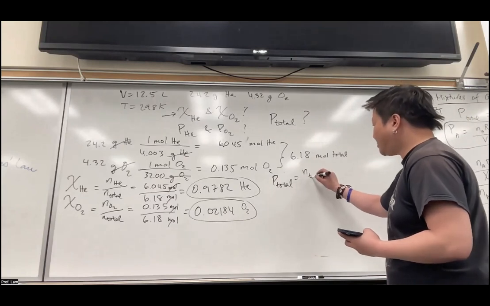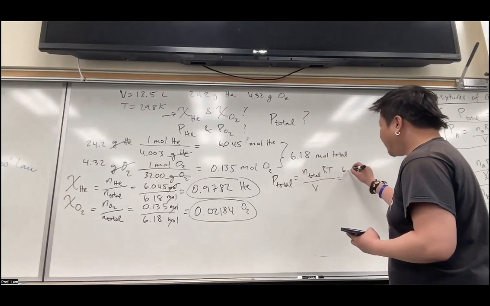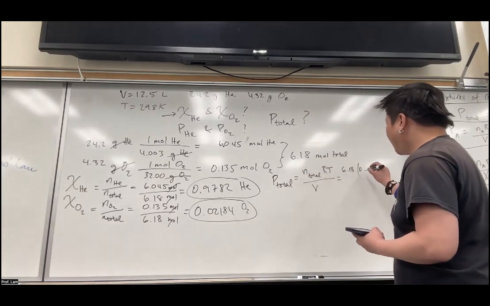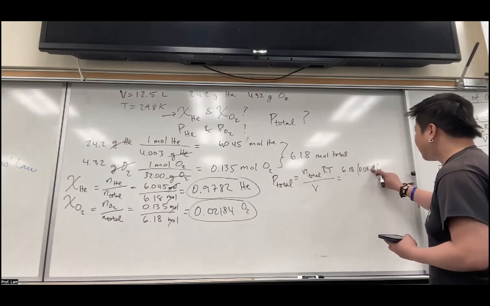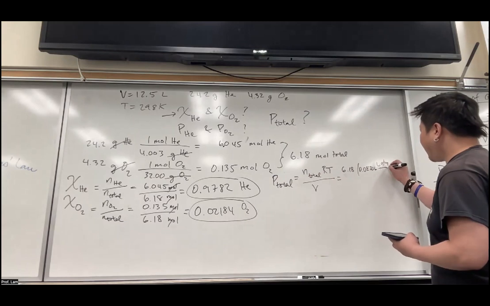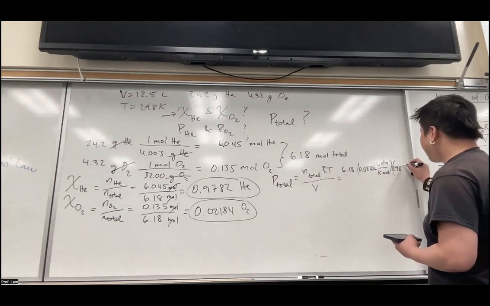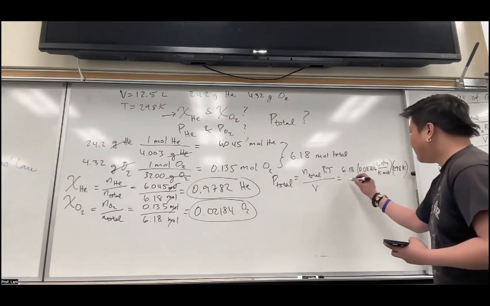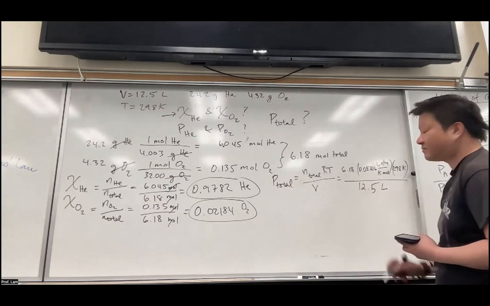So P total is n total RT over V. N total is 6.18 times R, 0.08206 liter atm per mole Kelvin, times the temperature, which is 298 Kelvin. Okay, divide by volume, 12.5 liters.